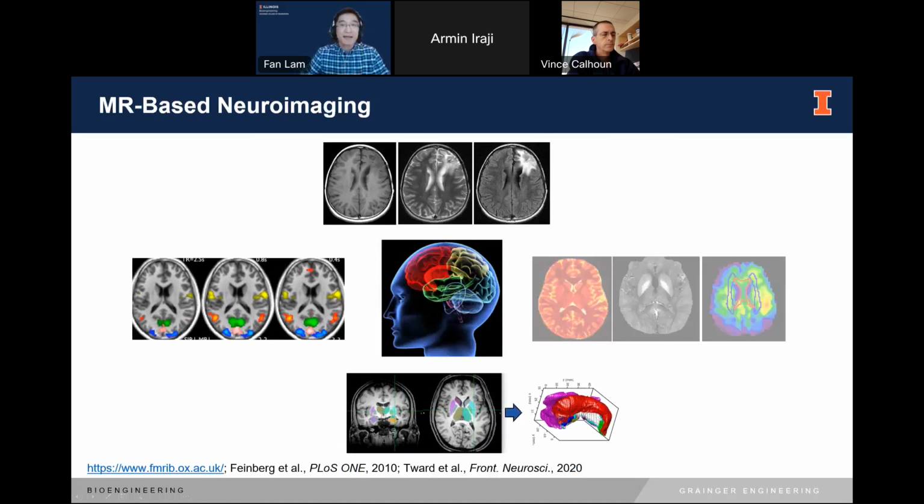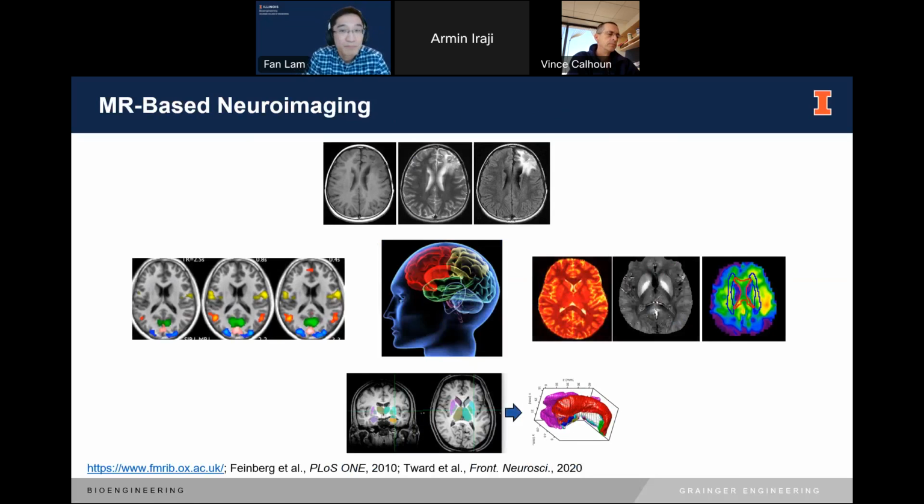I don't think I need to preach to this community on the significant role that MR-based neuroimaging techniques have been playing in the study of the human brain, by allowing us to map very detailed structural and functional organization of the brain, to extract quantitative measures in different brain regions, and even to quantify tissue properties that potentially provide different levels of biomarkers about brain function and disease.